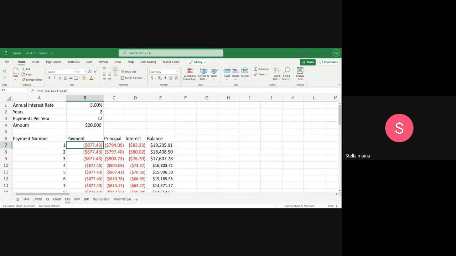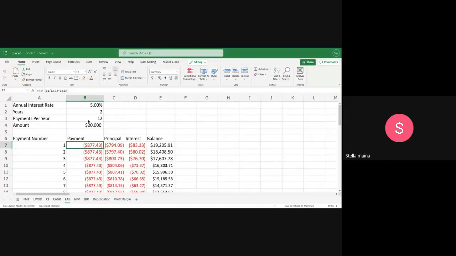So to get the payment, we use the PMT function where we use the annual interest rate. We divide it by 12 to get the interest monthly, and then we multiply the years by 12 to get it on a monthly basis, and then we use the amount. For the principal, we use the PPMT, where we divide the annual interest rate by the payments per year, and then we get the payment.